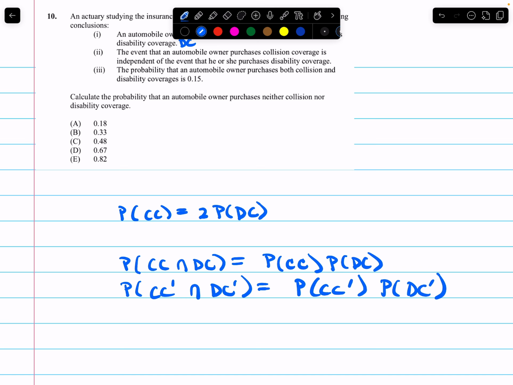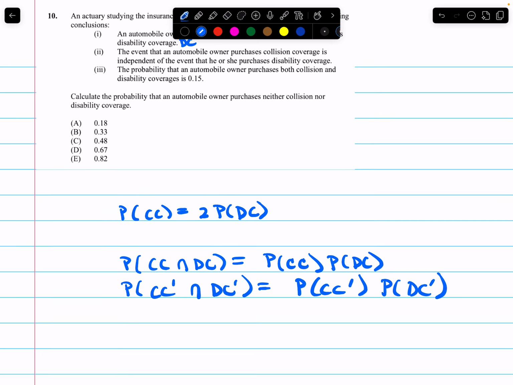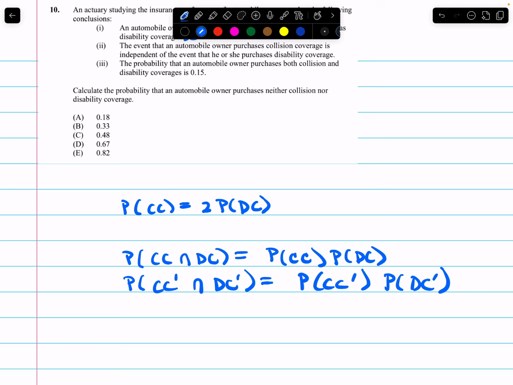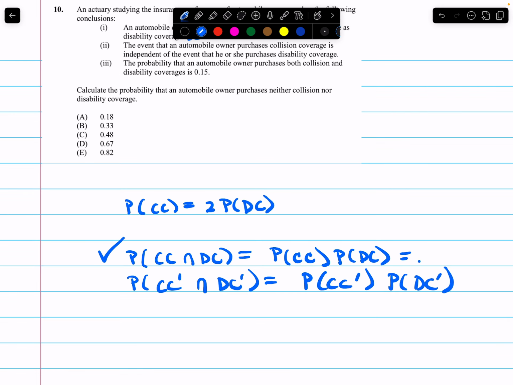All right, then we're given that the probability that an automobile owner purchased both collision and disability, so that's this right here, the probability of CC intersect DC is 0.15. With these two alone, we can compute both P of CC and P of DC. What's the actual question asking?